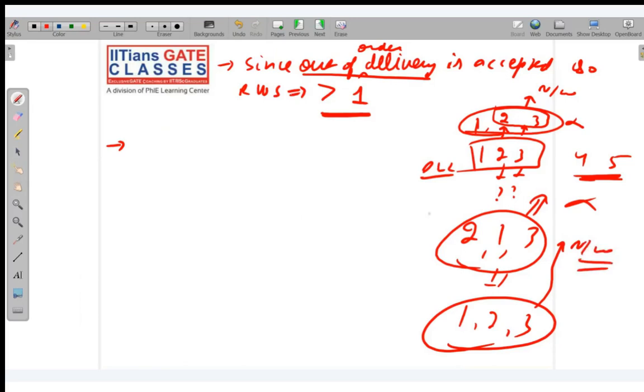Another big difference between SR and GBN: in GBN there was no sorting because out of order delivery was not accepted. Here, since it is accepted, you have to do sorting also, at the receiver side, and then after sorting these frames are delivered to the network layer. It was not there in Go Back N, because in Go Back N the window size was only 1. There was no out of order delivery.